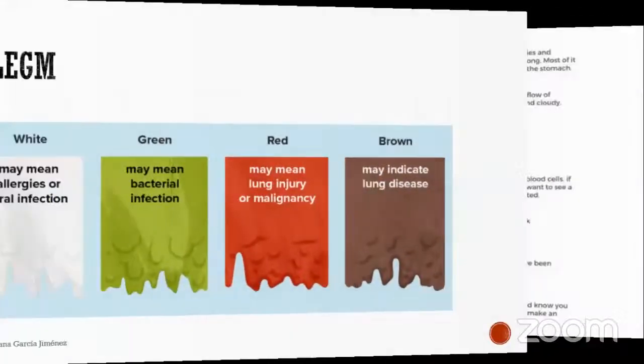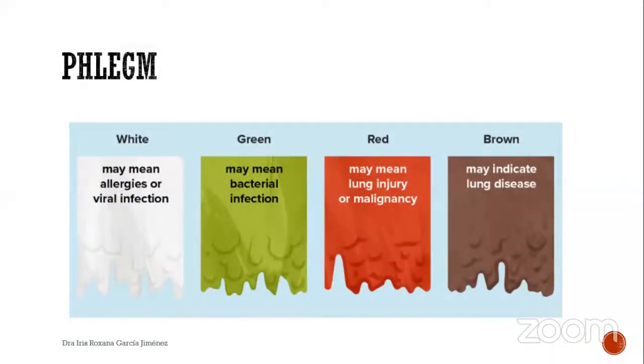It's for you. About phlegm, we all know that according to the color, we have some specific characteristics, the same as in snot. If it's white, green, red, or brown, we have specific situations to support and specific details to look for during the medical exam.